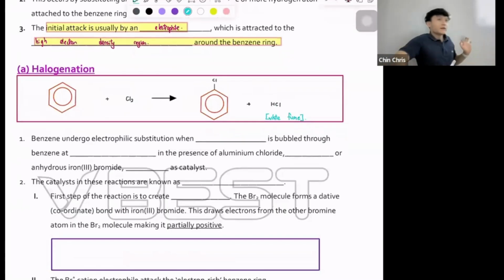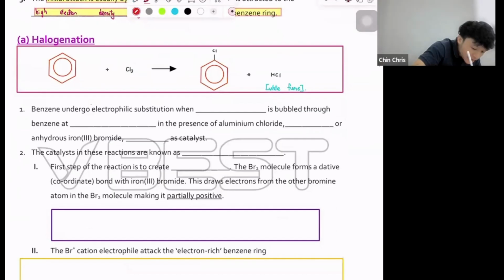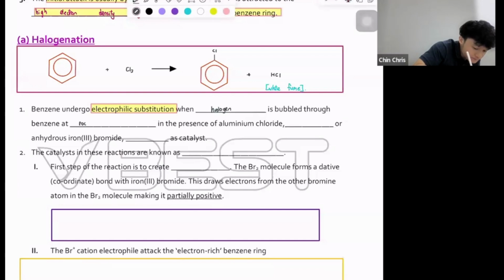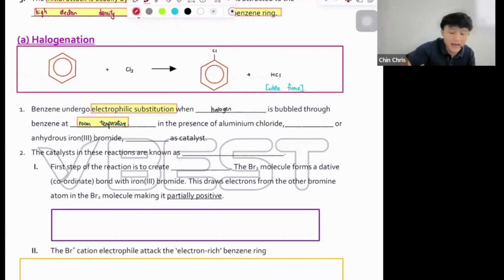Again, benzene will undergo electrophilic substitution. Highlight the word electrophilic substitution. Okay, when a halogen is bubbled through benzene at room temperature, but you need a catalyst.